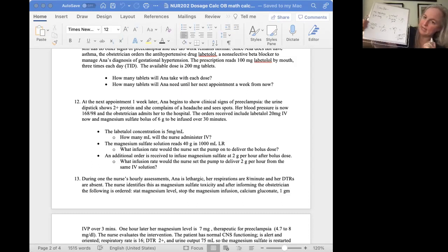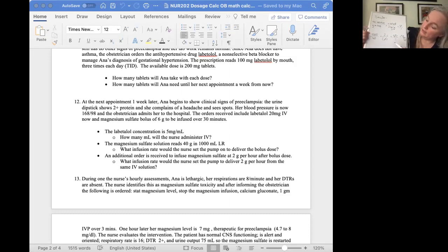And then we would divide that. So 120,000 divided by 2,400. The answer is 50. 50 mLs per hour is going to be the rate that our pump will run in order to give 2 grams per hour. Okay.